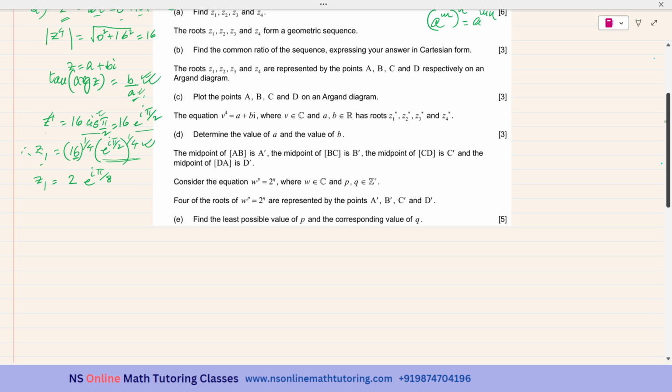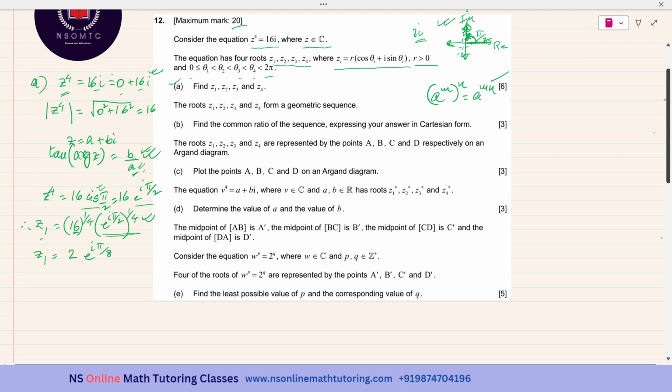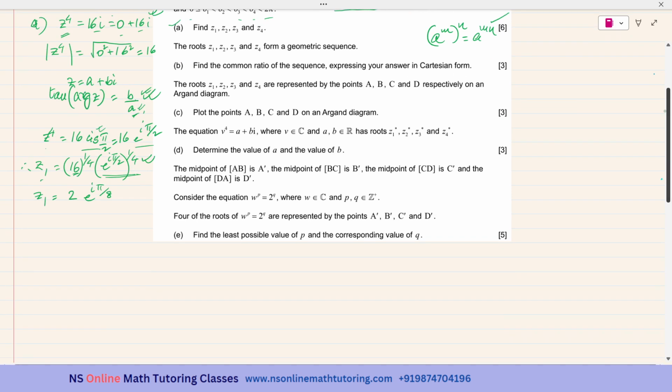And they have asked us to give the roots in this form, z equals r cos theta plus i sin theta. So I will be writing, therefore, z1 is equal to 2 cos pi over 8 plus i sin pi over 8. Okay, this is the first root.